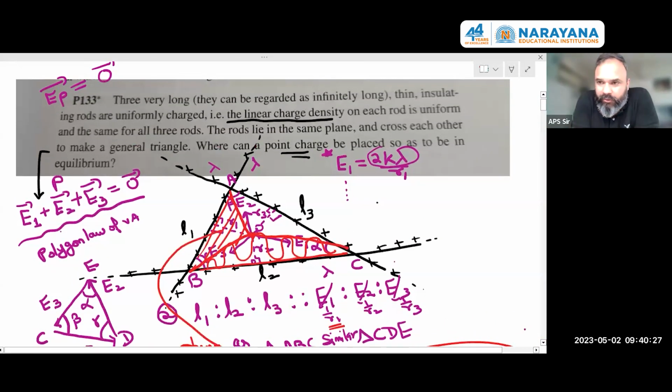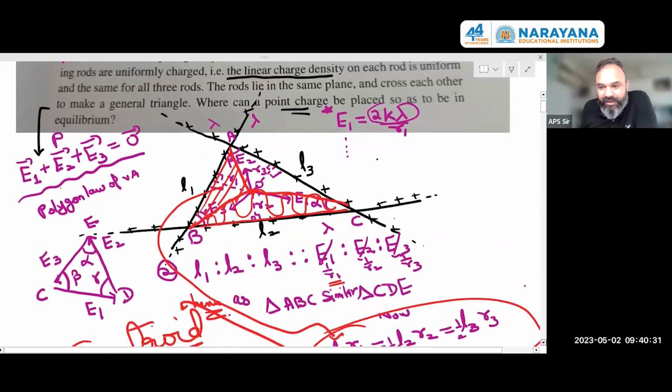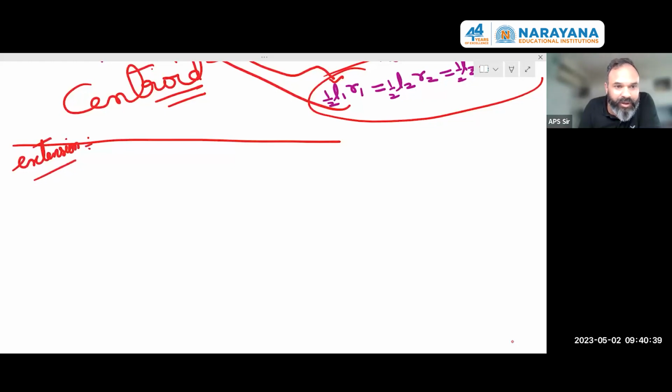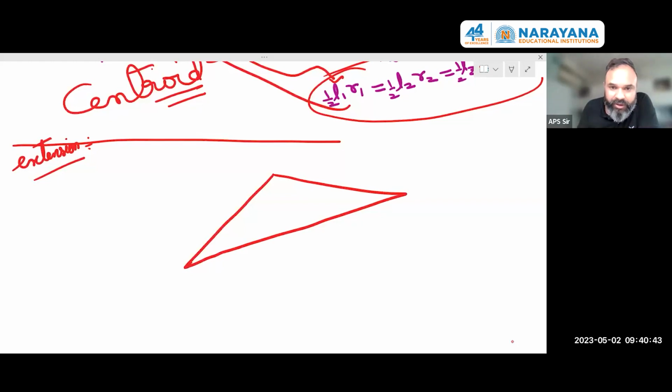तो वो लॉजिक मैं सीधे दे सकता हूं। Just an extension to my problem, I said, if you give me three finite rods, random, give me a triangle, they have random lengths L1, L2, L3, but lambda is constant.